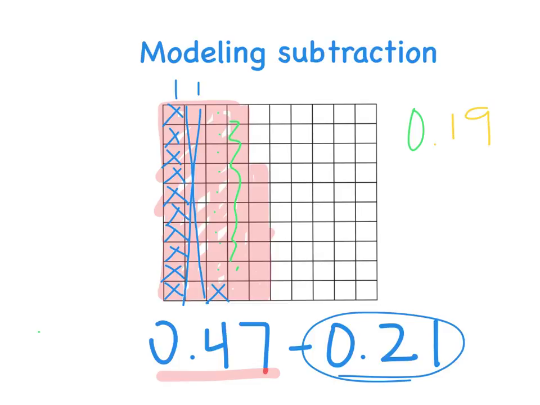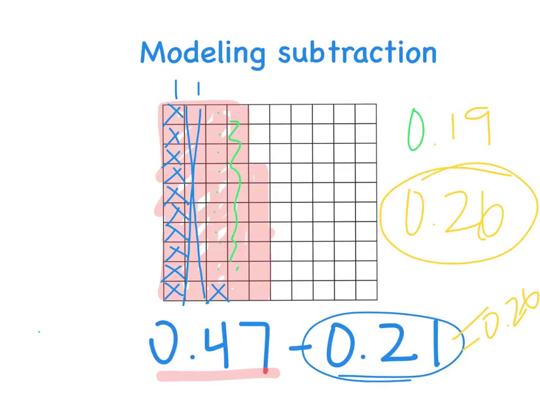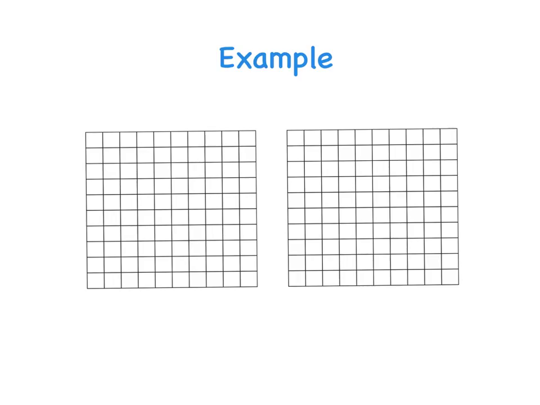I had 19 hundredths, and now I have 7 more: 19, 20, 21, 22, 23, 24, 25, 26. So in all, my answer is 26 hundredths, because that's how many hundredths I have left after I crossed off my 21 hundredths.